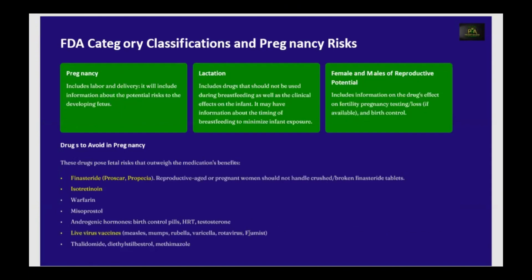So also know this one, FluMist. FluMist is the flu vaccine that they get through the nose, intranasal, very high yield in the exam. They don't get live vaccines. All these live vaccines: measles, mumps, rubella, varicella, rotavirus, and FluMist, very high yield. They can't get them in pregnancy.